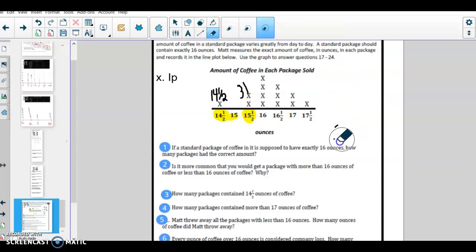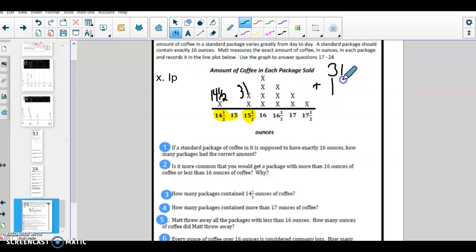Well, now I've got to combine all of my ounces to find out the total amount of ounces that were thrown away. So I would add 31 plus 14.5 ounces.